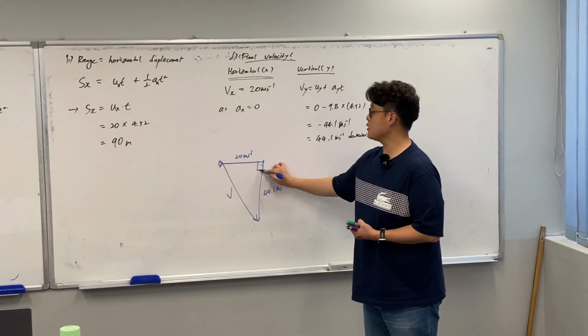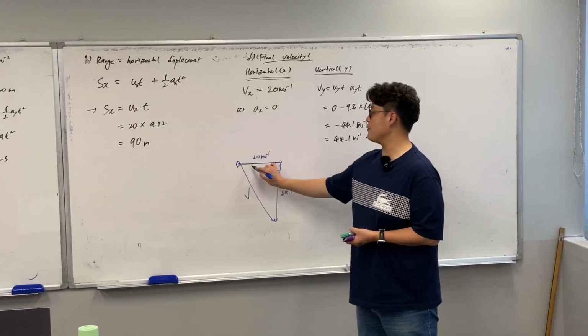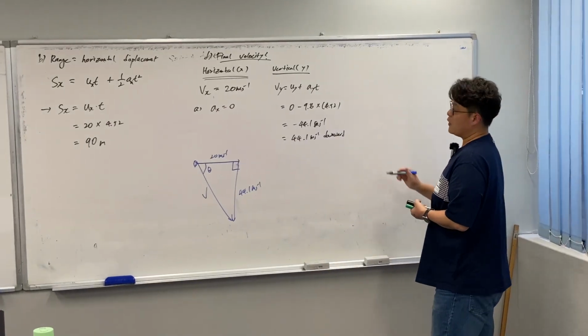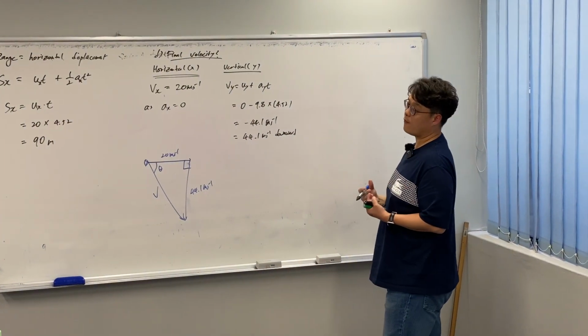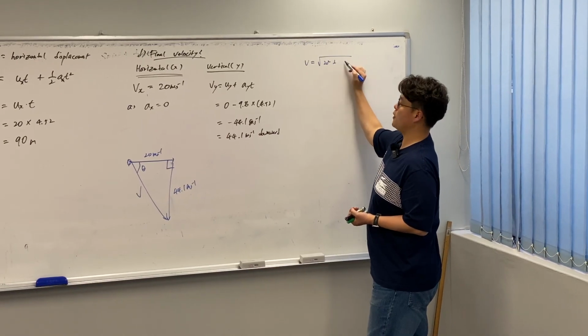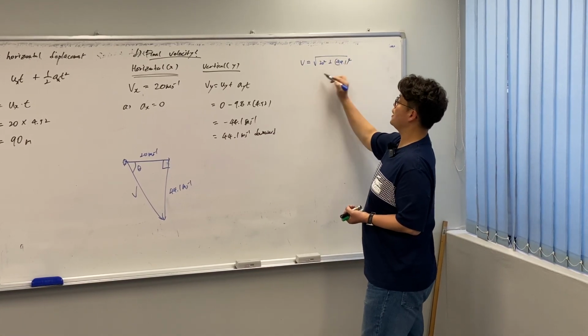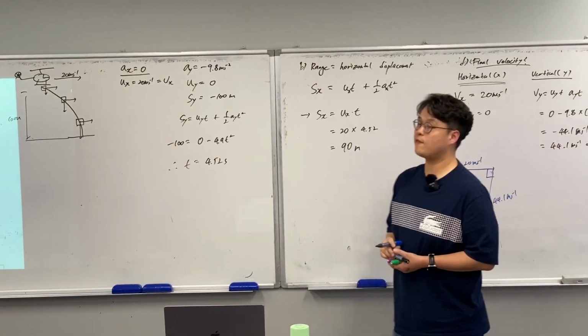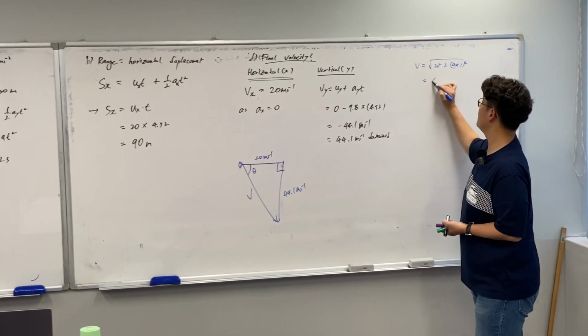It must be a right angle triangle with angle theta here. How do you find V? We can use basic Pythagoras. V equals the square root of 20 squared plus 44.1 squared. Then you get the final velocity value, which is 48.4 meters per second.